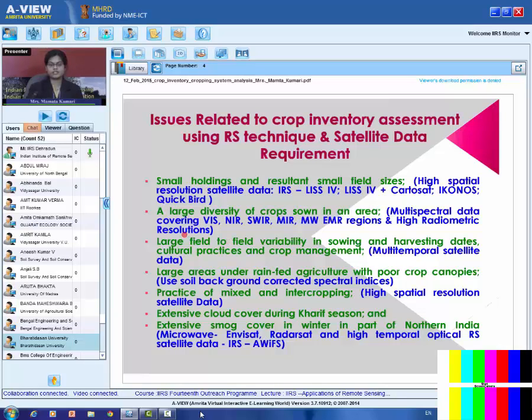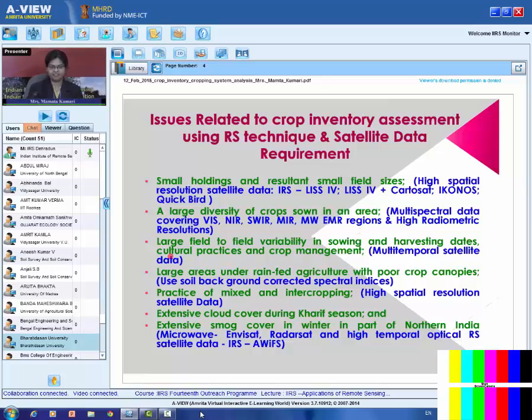To resolve this issue, we must use as many spectral bands as possible, like visible, near infrared, then mid infrared, microwave, etc. Apart from that, high radiometric resolution data is also used, because if radiometric resolution is high, one can discriminate the smaller amount of reflectance or emittance coming from two different areas.